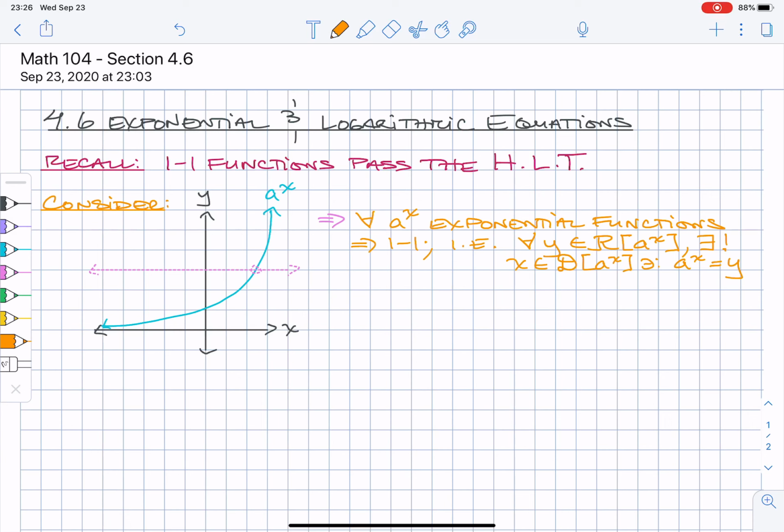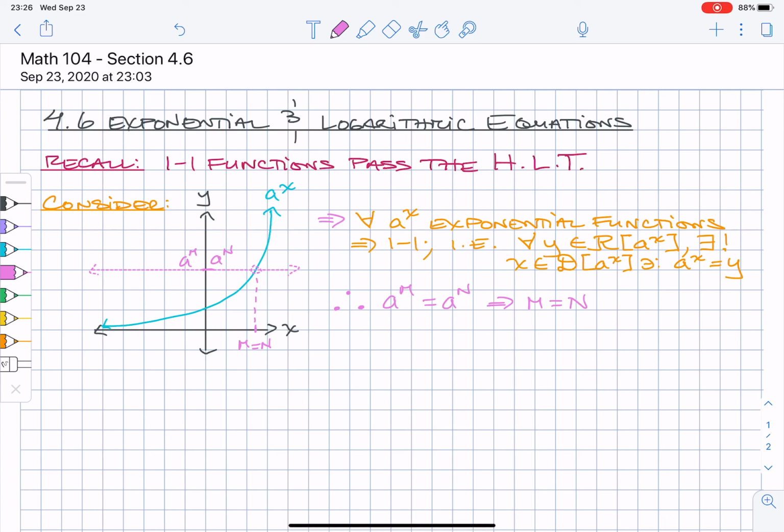Okay. So, therefore, if we have, say, a to the m equal to a to the n, this implies necessarily that m must be equal to n. There's only one value in the domain, my m equals n right here, for which the value of the function is a to the m or a to the n.